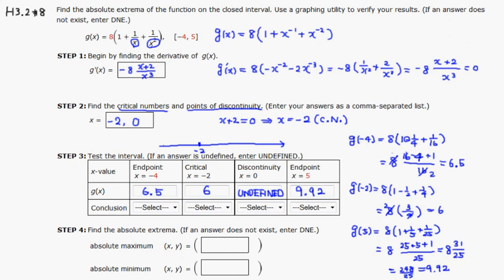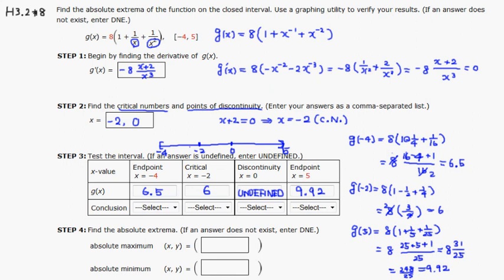It's going to start from negative 4, and undefined at 0, so maybe here, and it's going to go up to 5, so maybe I'll put the 5 here. Then pay attention to the sign of the derivative.